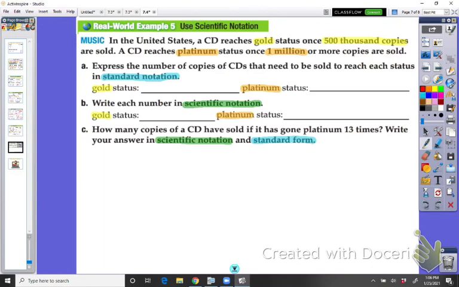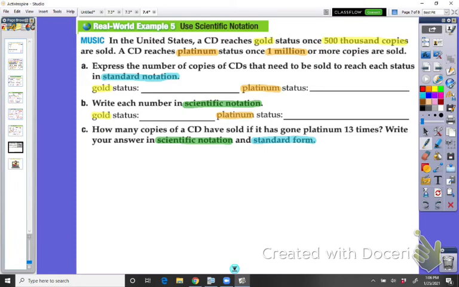And lastly, the real world example. In the United States, a CD reaches gold status once 500,000 copies are sold, and it reaches platinum if 1 million or more copies are sold. So sometimes you see artists like Florida Georgia Line or Ariana Grande, Justin Bieber, sell platinum.